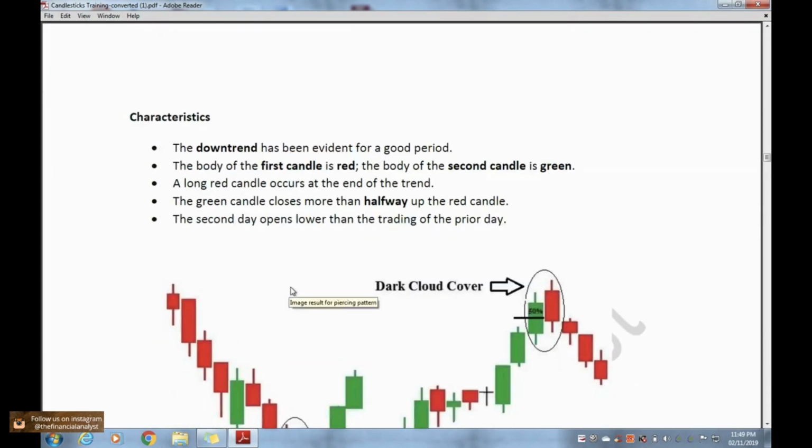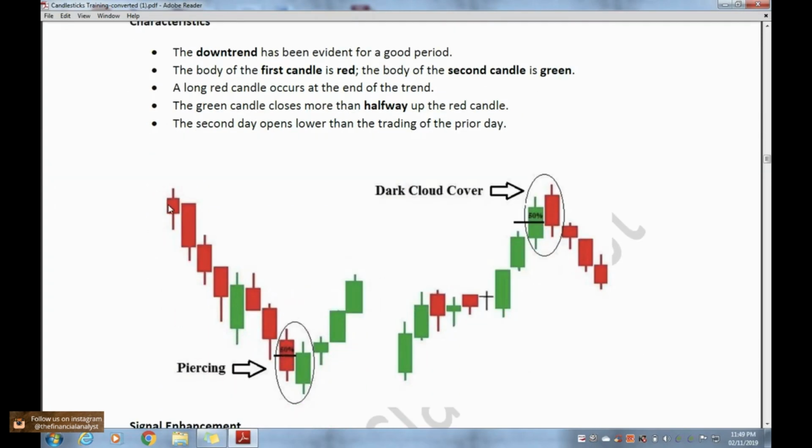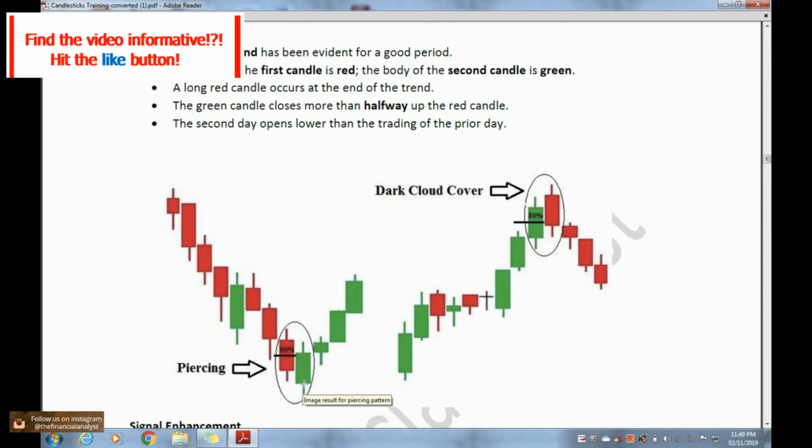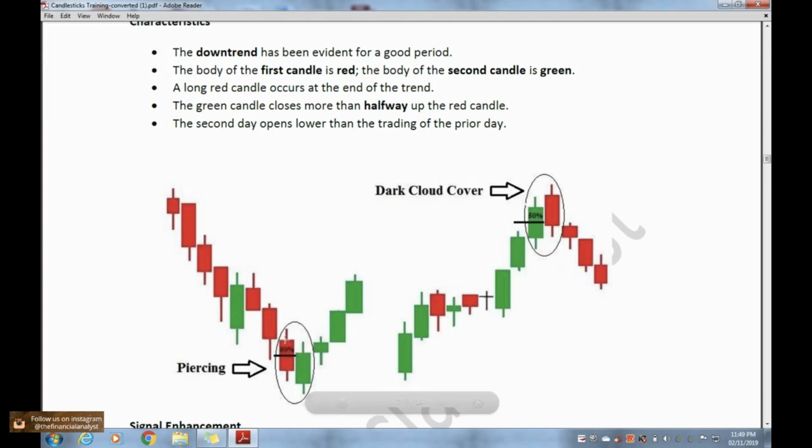So going to the characteristics, the downtrend has been in force for a long period of time. The body of the first candle is going to be red and the body of the second candle is going to be green. There will be a very big or long red candle at the end of the downtrend, and the second candle will be green, and this will open lower, or in other words, it will gap down in the opening session of the trade, but at the end of the day, it will close at least halfway above the previous candle.